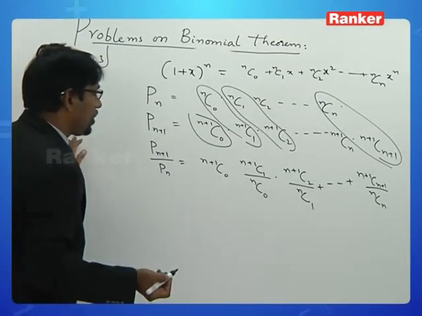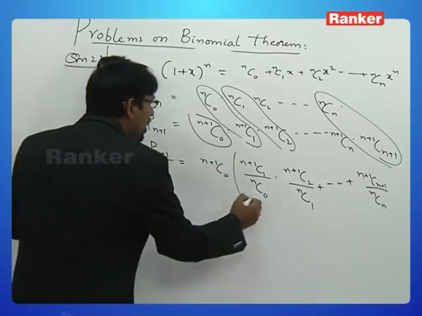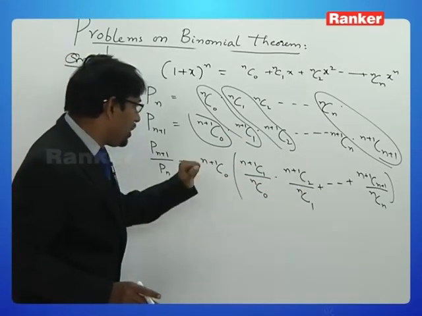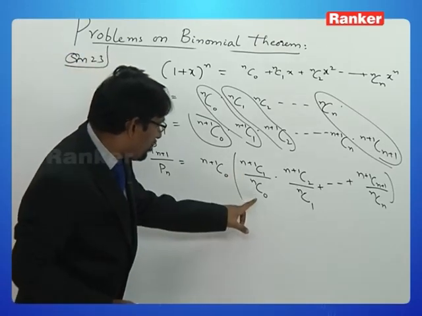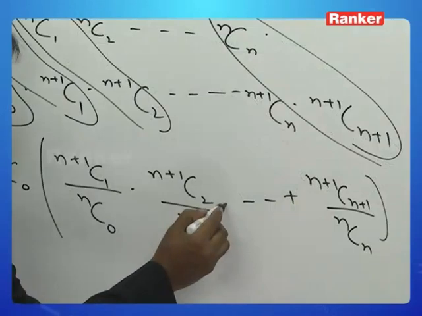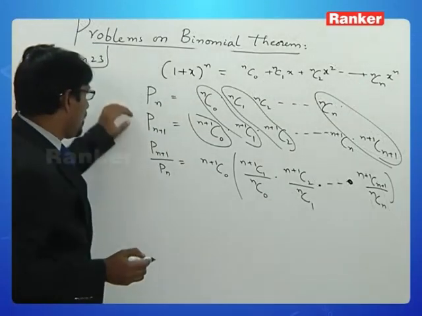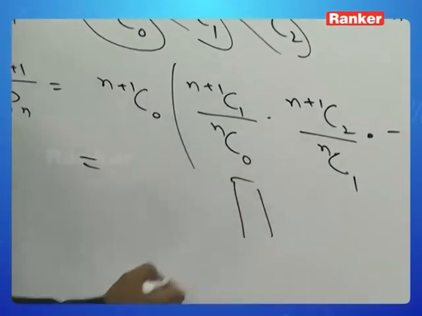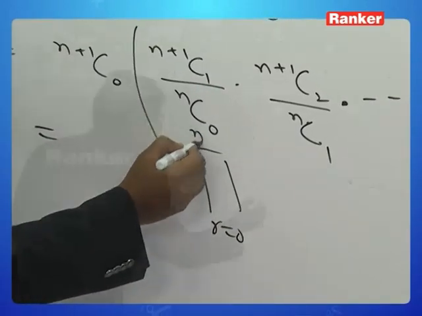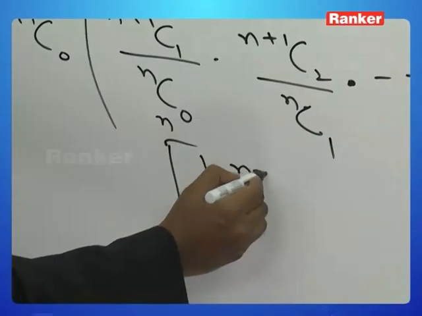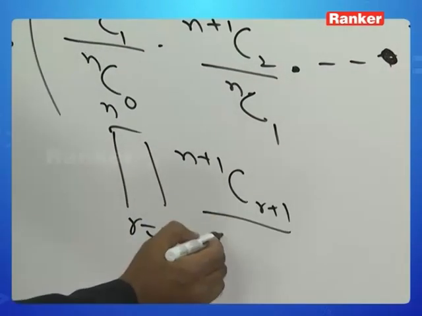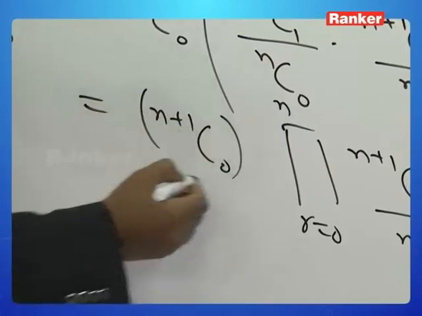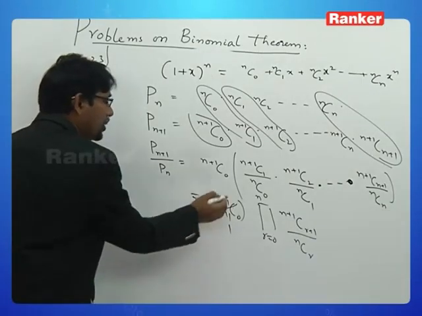Now we can put this entire product of n plus 1 quotients into a product symbol, r ranging from 0 to n, of (n+1)C(r+1) by nCr, into (n+1)C0. This (n+1)C0 is anyway 1, so you can actually forget about this.